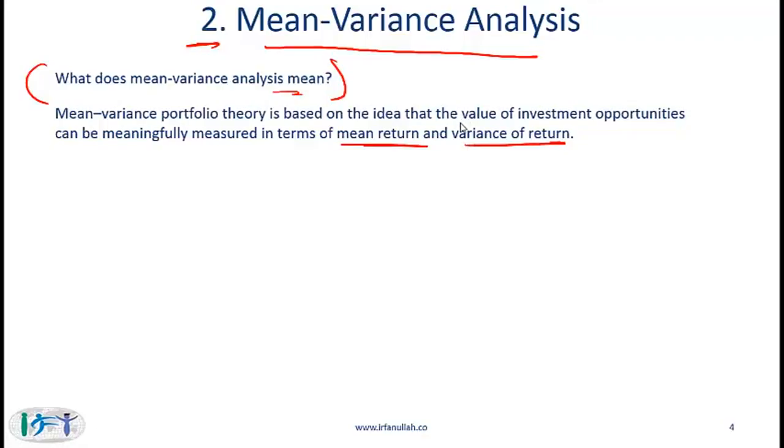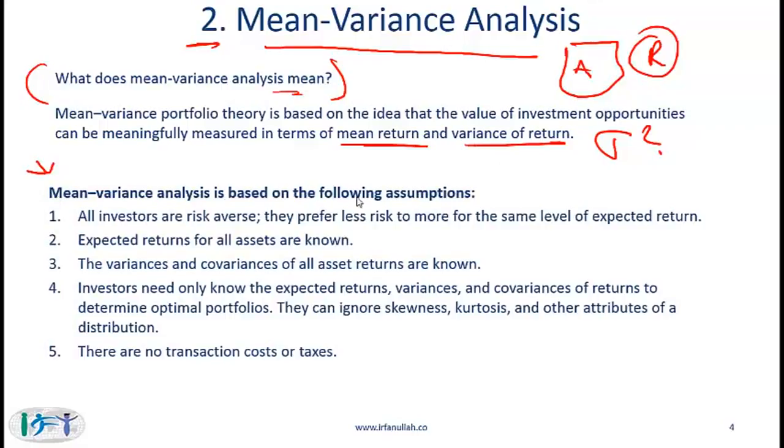Putting it another way, when you are analyzing a particular portfolio, you can look at what is the mean return, or the expected return, and then what is the risk. And in mean variance analysis, the measure of risk is variance. Ideally, for a given level of risk, you want the maximum return.